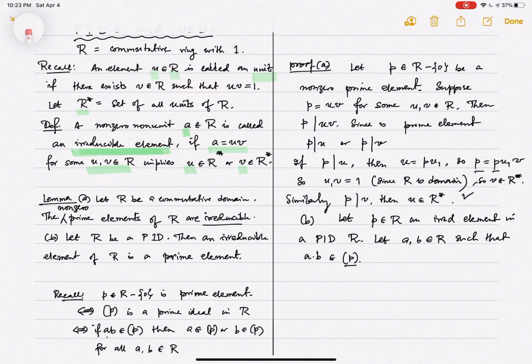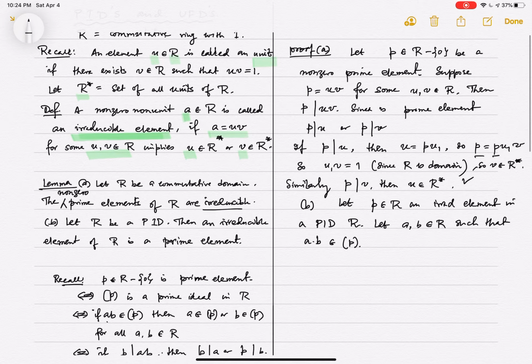So the trick is to consider the ideal generated by P and A. This is the main non-trivial step. Consider the ideal (A, P), the ideal generated by A and P. Now since we are in a PID, this ideal is principal, so it's generated by a single element.